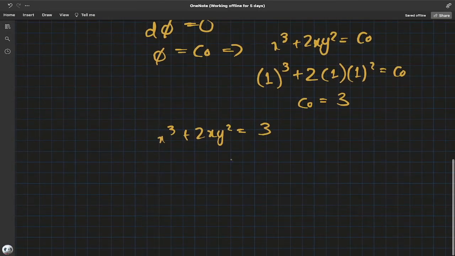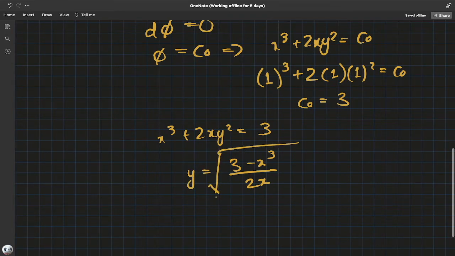You can solve for y squared: 3 minus x cubed over 2x, which is under a square root. And I believe you'll have to choose the positive branch, because there's a plus or minus, but you can see the boundary condition again.